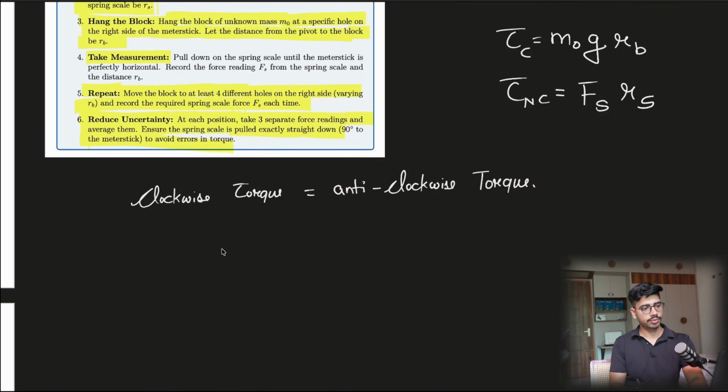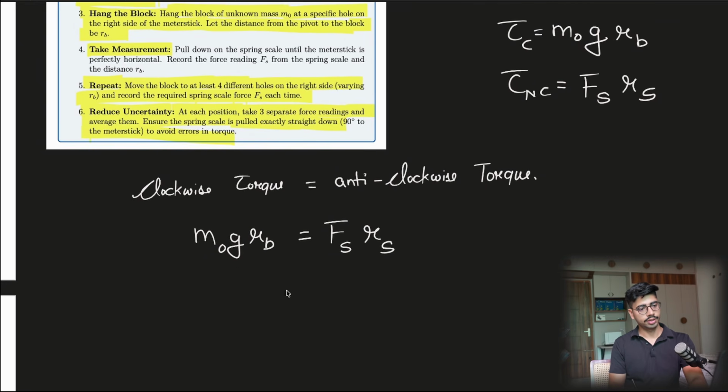So let's equate both of them. The clockwise torque is M0 g RB, and because it can balance out, the torque has to be equal on both sides. You already know the spring force, you can read it on the scale.